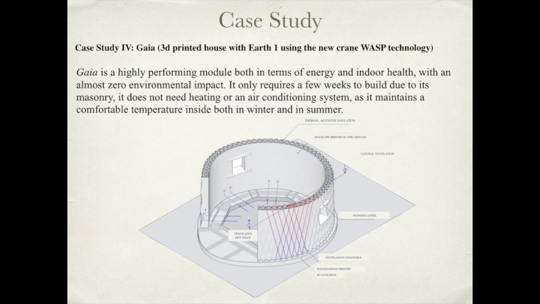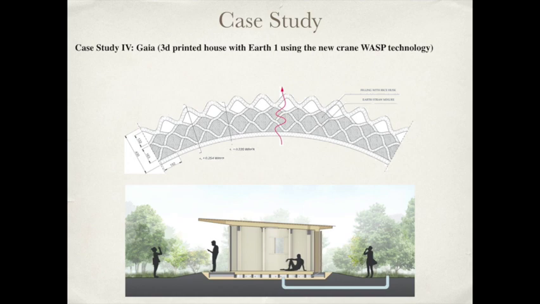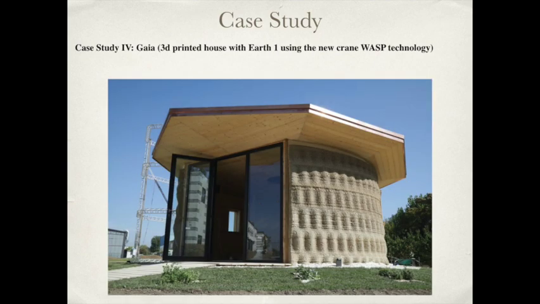It only requires a few weeks to build due to its masonry. It does not need heating or an air conditioning system, as it maintains a comfortable temperature inside both in winter and in summer. The detail showcases the acoustic and thermal insulation properties using the filling of rice husk and earth straw mixture.